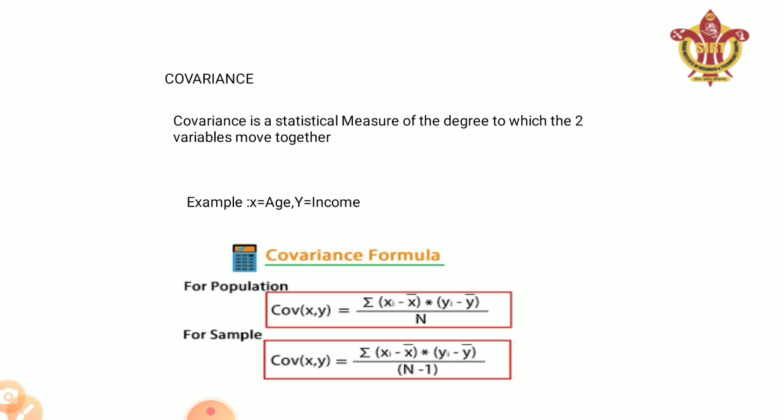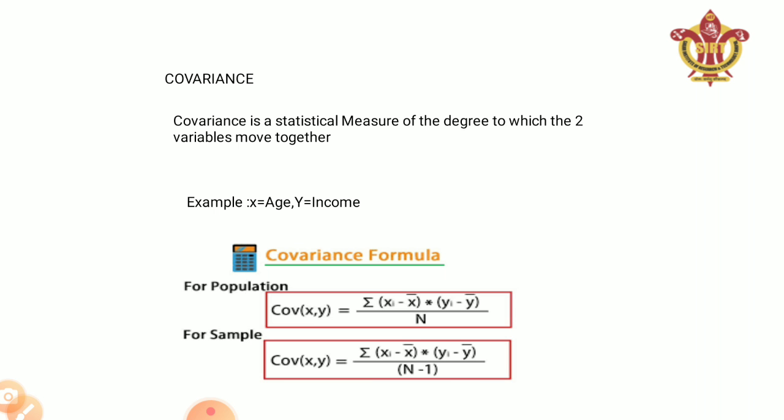There are two different formulas used for calculating covariance, for population and for sample. For population, we use the first formula, and for sample, we use the second one. In the first formula, you can see there is n, which indicates the total number of data points in the population, and in the sample, we take it as n minus 1.